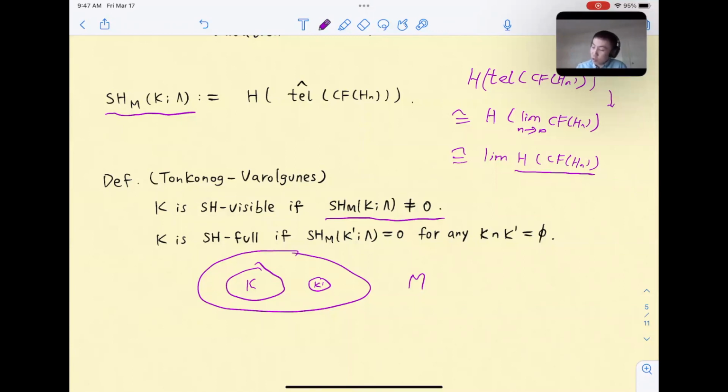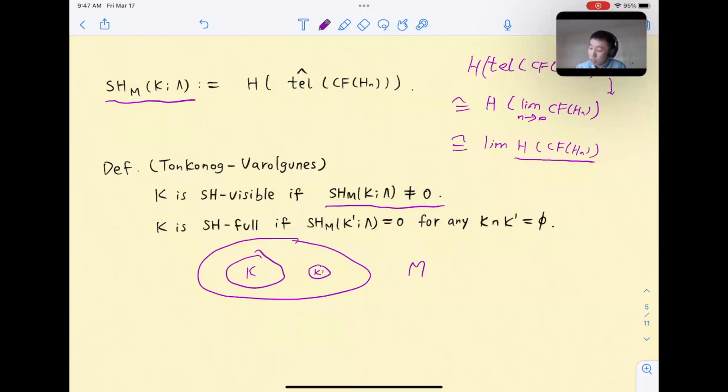So that's the two definitions. And the good properties are, first, the non-vanishing implies that K is non-displaceable, and actually one can prove it is stably non-displaceable. And this invariant satisfies some Hamiltonian invariance, so SH_M(K) equals SH_M(phi(K)).